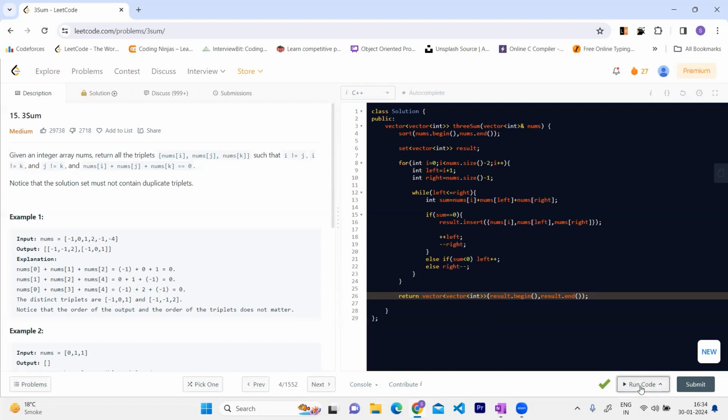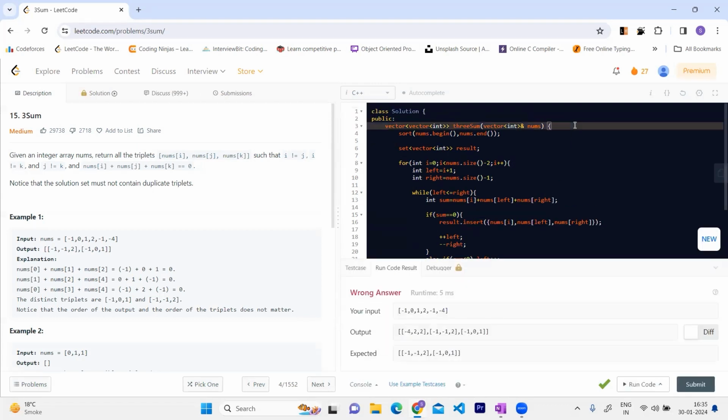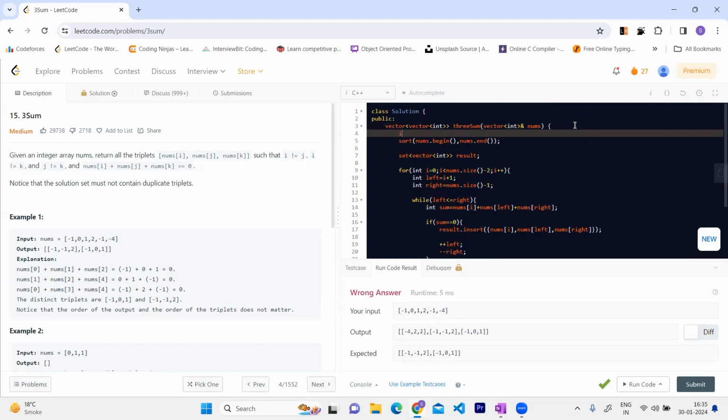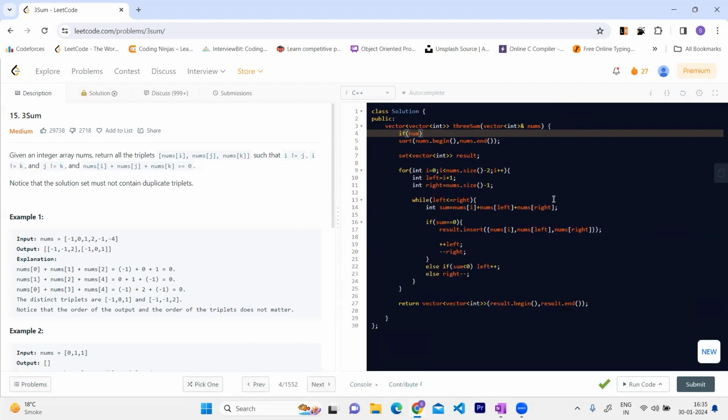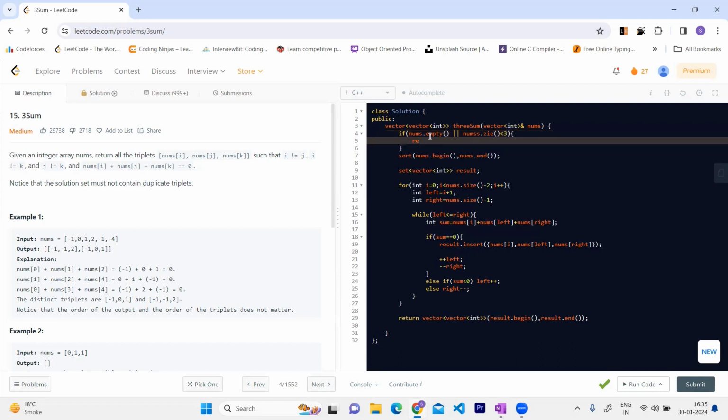Now let's try to run this code. Before this, we also need to keep one thing in mind: if nums dot empty, or nums dot size is less than 3, then we need to return empty, right?